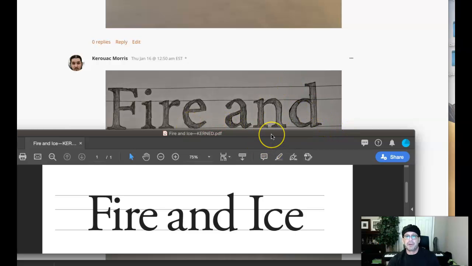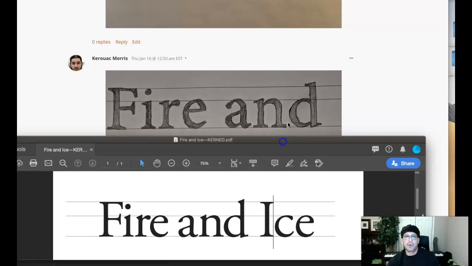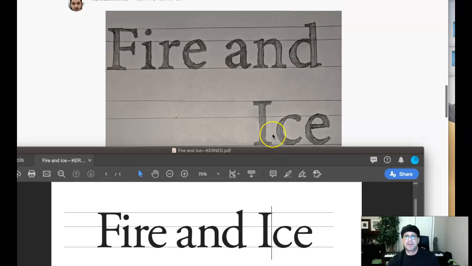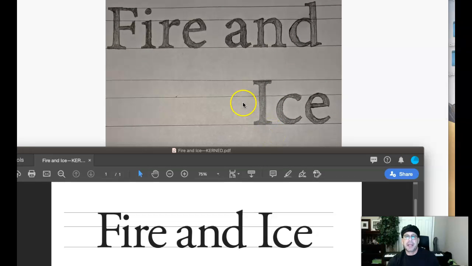So these aren't level. It's really important to establish that baseline as being level and then establish the cap line and the mean line based on the height of the lowercase and uppercase letters respectively. And you want to make sure that those are also perfectly level and perfectly parallel to the baseline.